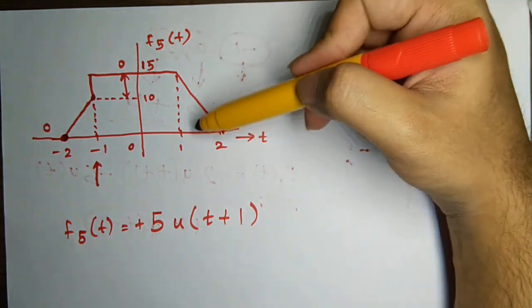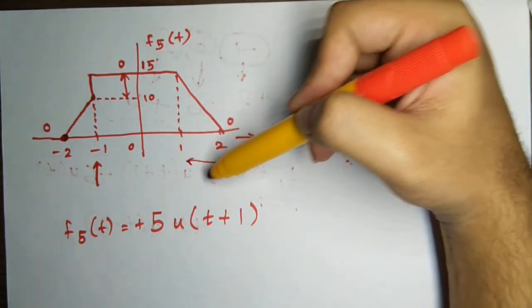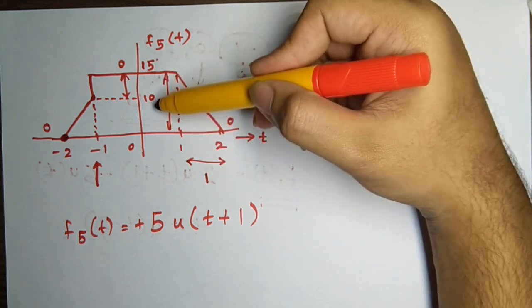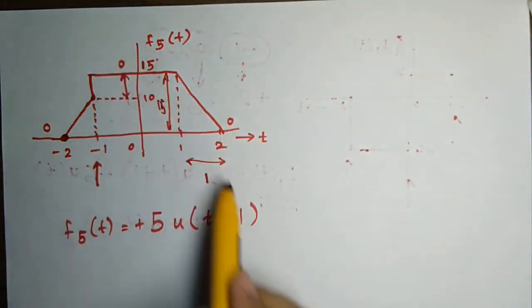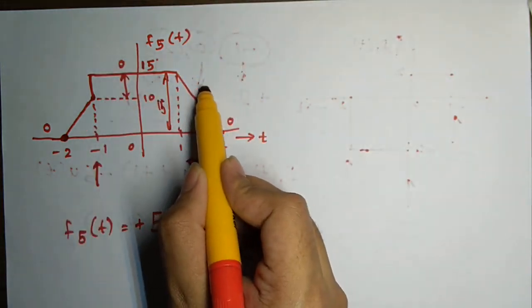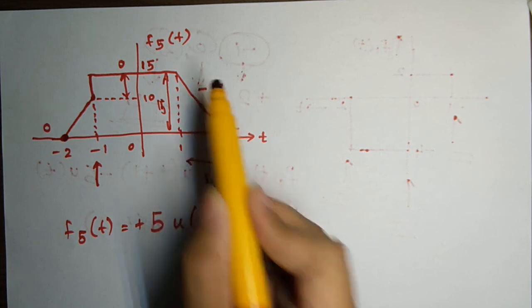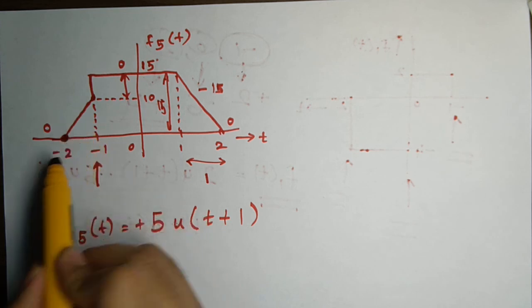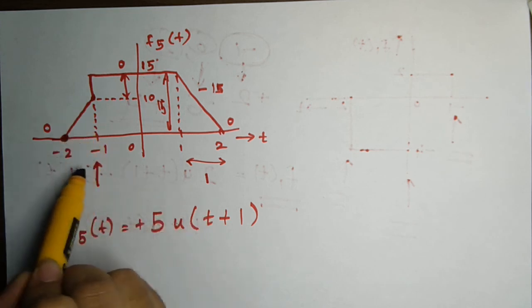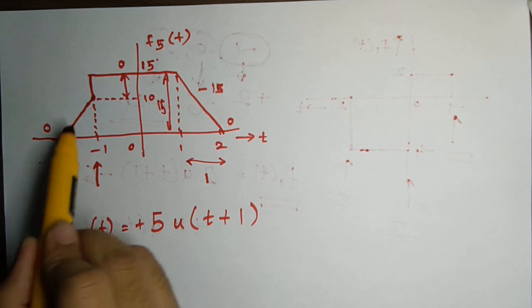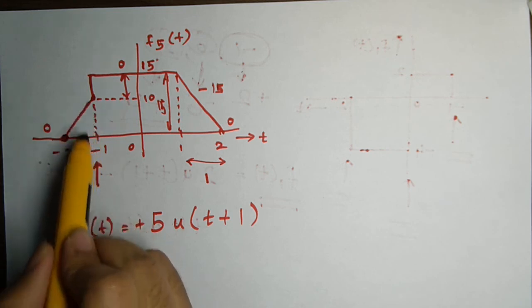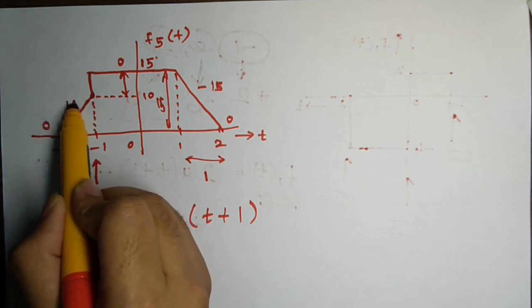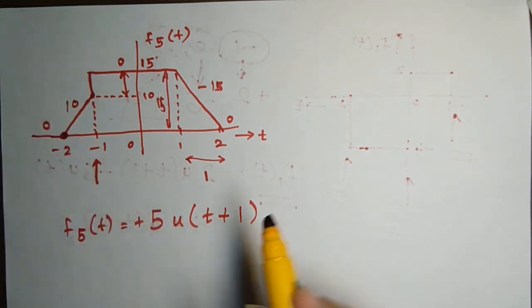This is 1 unit, and the change in amplitude is 15, and as it is coming down, it will be minus 15 by 1, that is minus 15. And here in 1 unit of time the slope changes from 0 to 10, so it will be 10 by 1, that is 10.